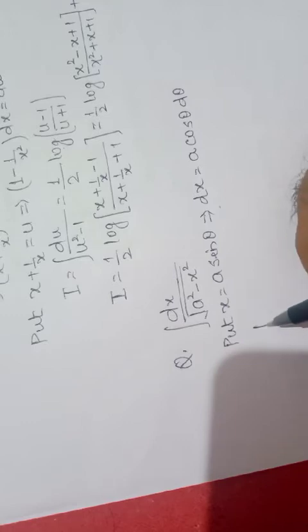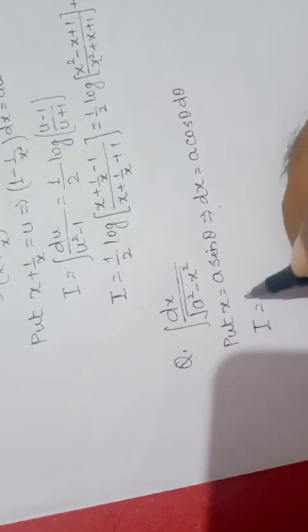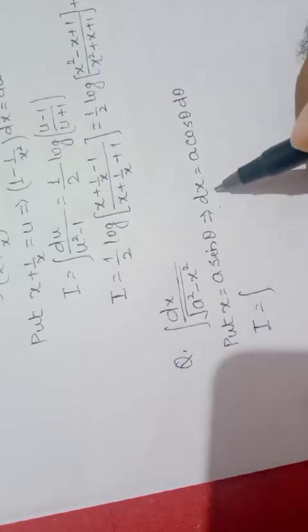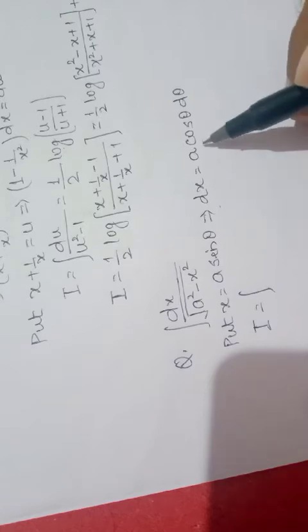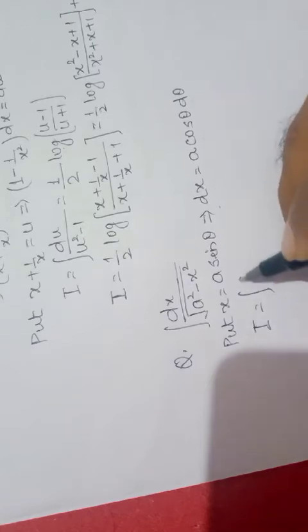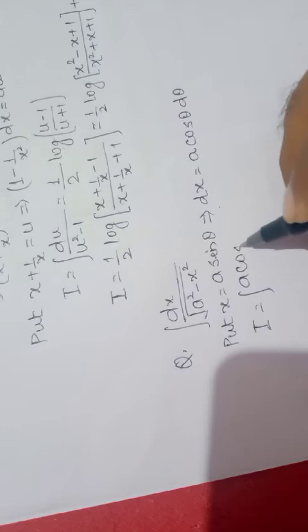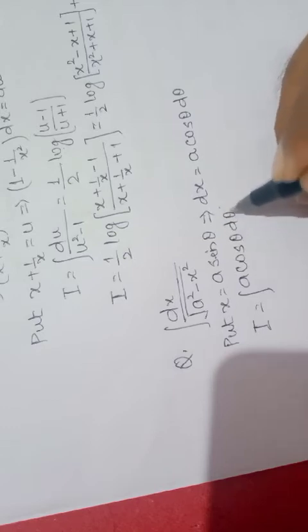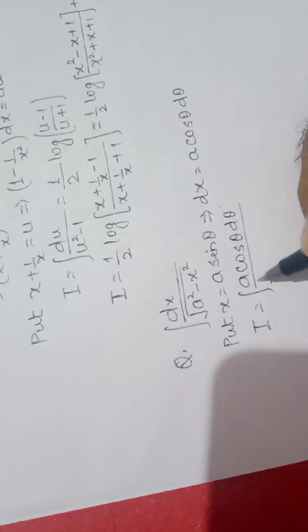Now I should be written as integral of dx, which is a cos theta d theta, divided by under root a square minus x square. So x square will be a square sin square theta.